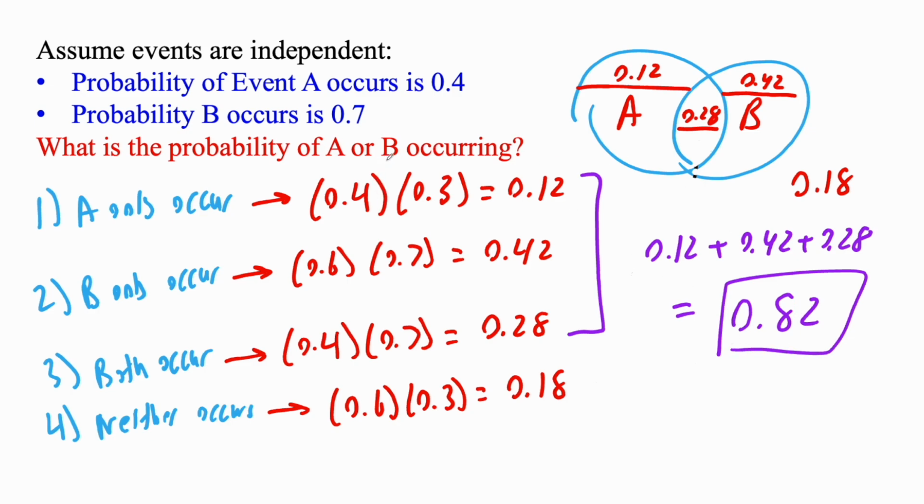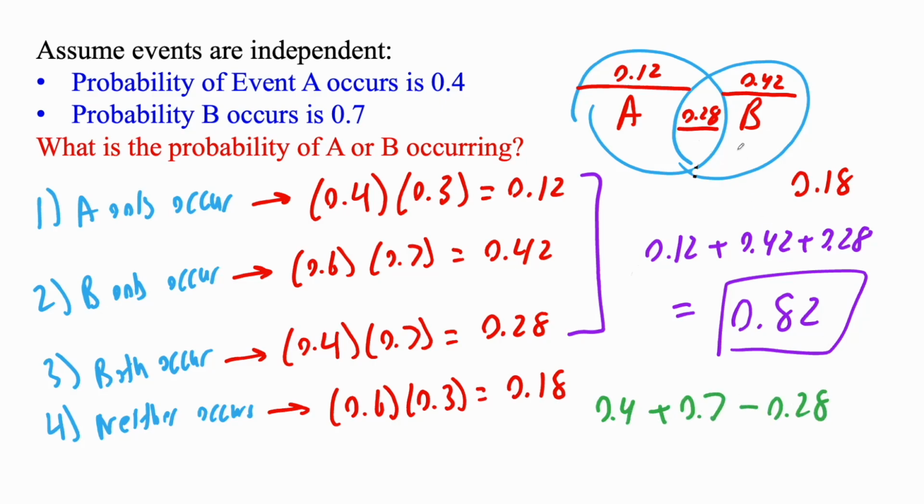And we have other information we can explore. For example, the probability that A occurs is 0.4: if you take 0.12 and add 0.28, you get 0.4. Likewise, for the probability of B occurring, 0.42 plus 0.28 gives you 0.7. And really the shortcut, if you want to know the probability of A or B, this area right here, would be this: you take your 0.4, add 0.7, and subtract 0.28.